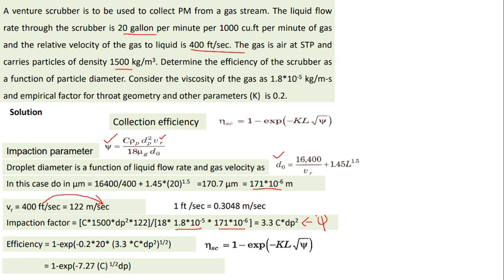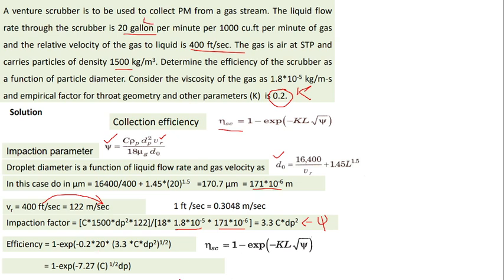Just substitute this psi value in this efficiency equation. So now the efficiency is equal to 1 minus exponential of minus K. The K value is given as 0.2, right? Into L, which is 20 gallons per minute per 1000 cubic feet per minute of gas. So this is the liquid flow rate. 20 is already given.